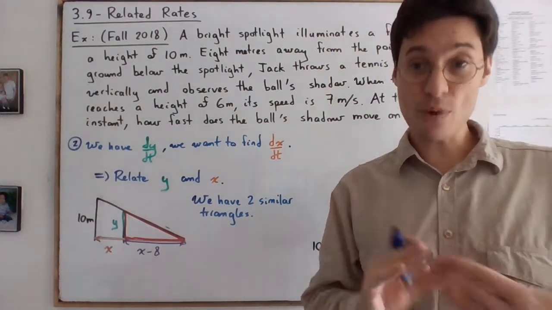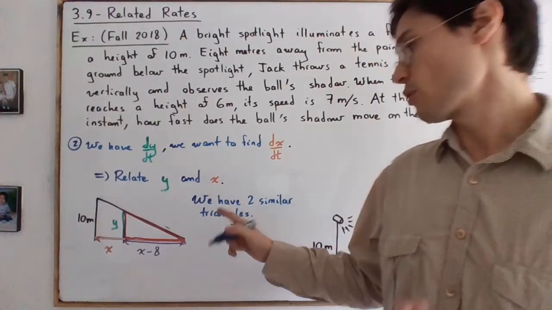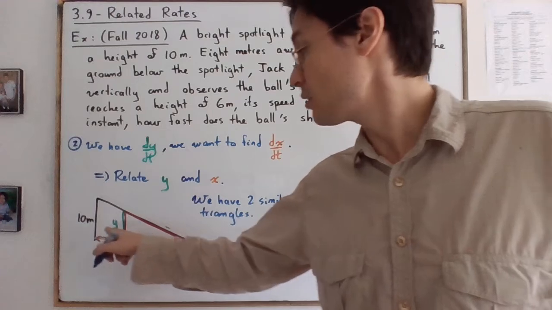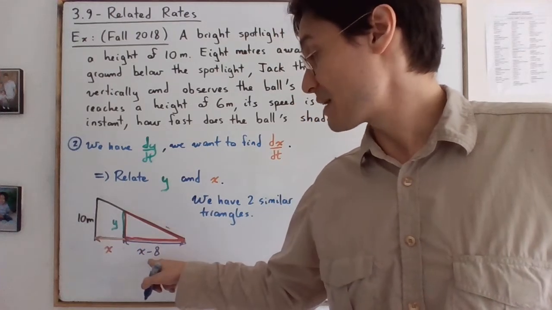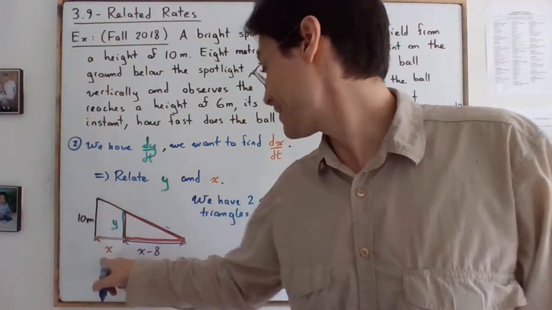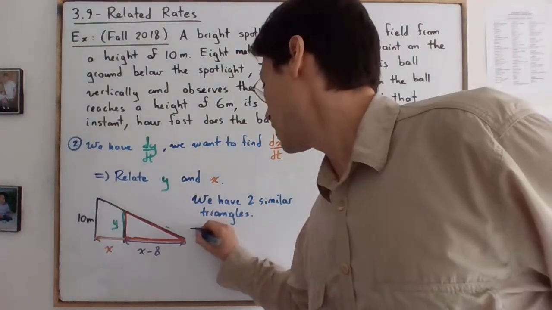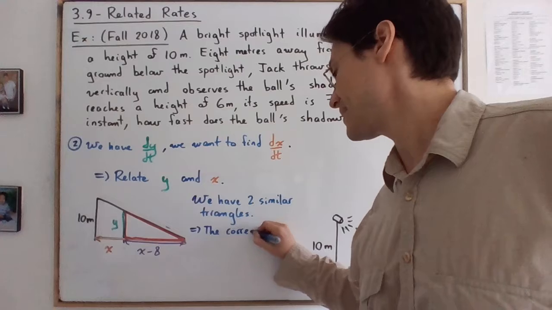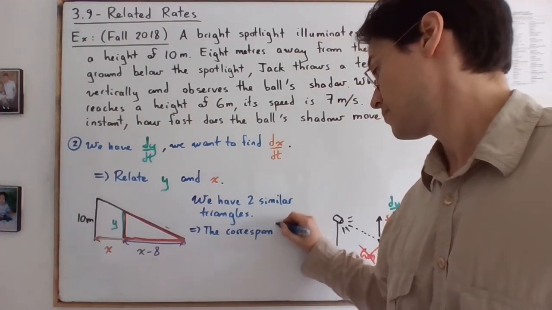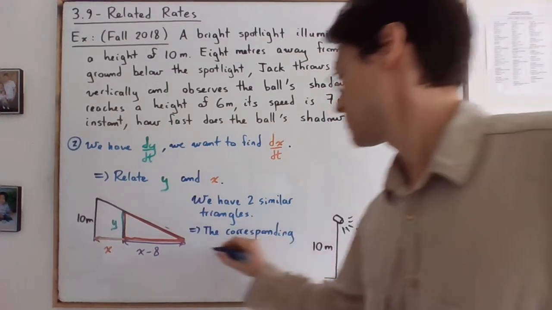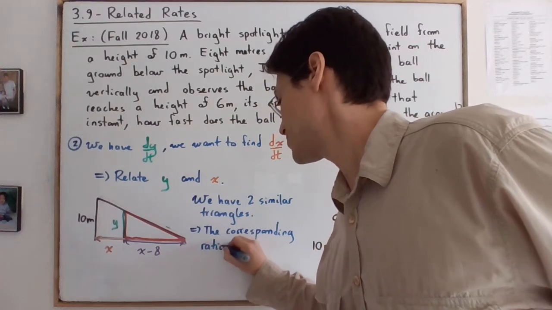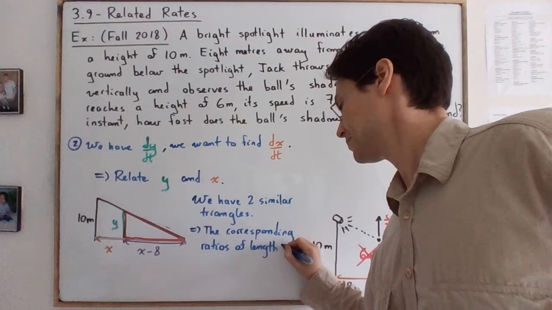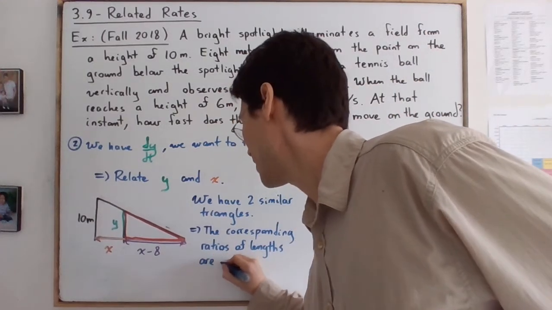It means that the ratio of their lengths, in other words, the tangent of this angle will be y over x minus 8, but will also be 10 over x. So the corresponding ratios of lengths are equal.